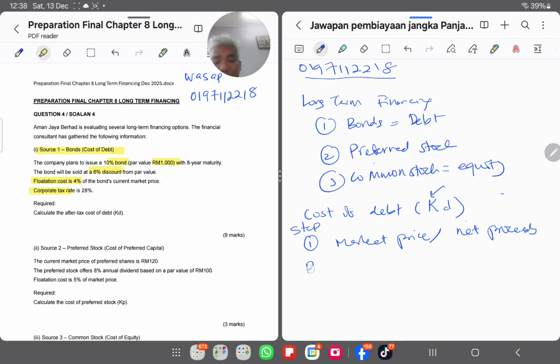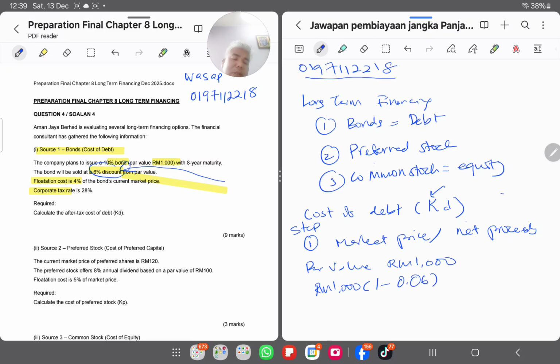The par value is RM1,000 and sold at 6% discount. So what is the value after discount? 1,000 times (1 minus 0.06), where 0.06 refers to the 6% discount. Then you will get 940 ringgit.